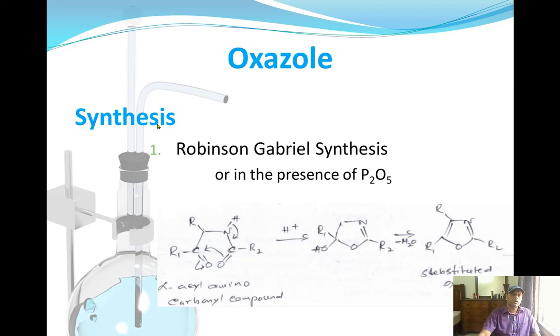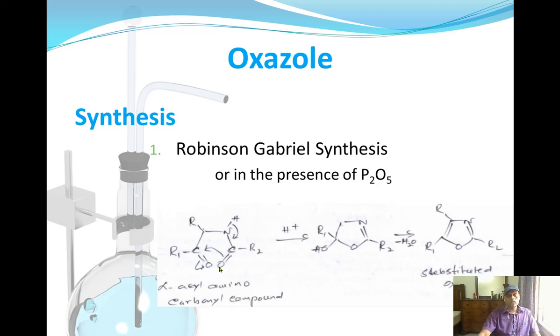That is the subtopic, synthesis of oxazole. The first method of preparation is the Robinson-Gabriel synthesis. In this synthesis you have to take an alpha acyl amino carbonyl compound. This is the acyl group, the CO group.